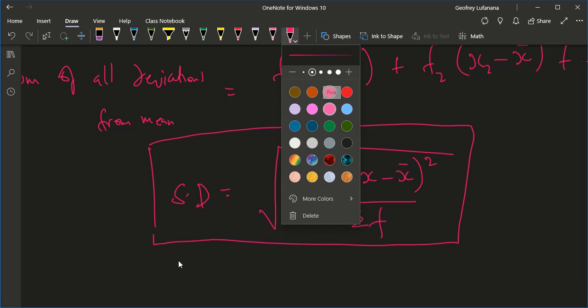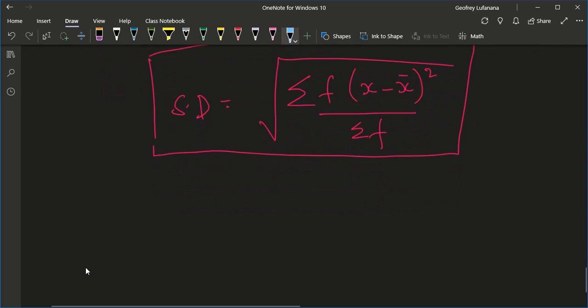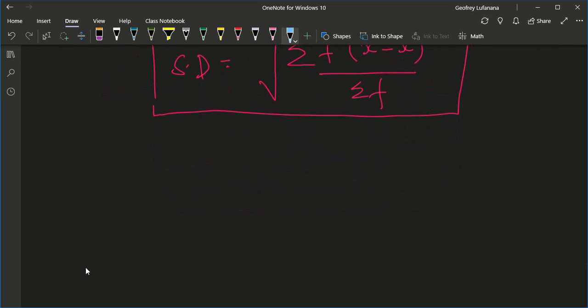I could also write this formula in a different way, where both of the terms inside are broken down or separated.